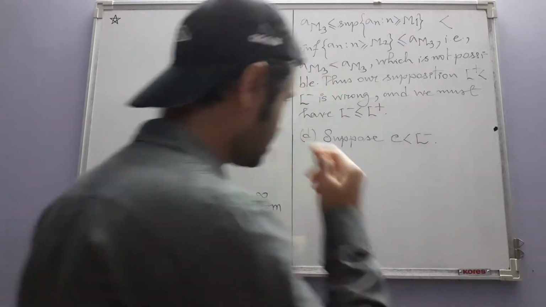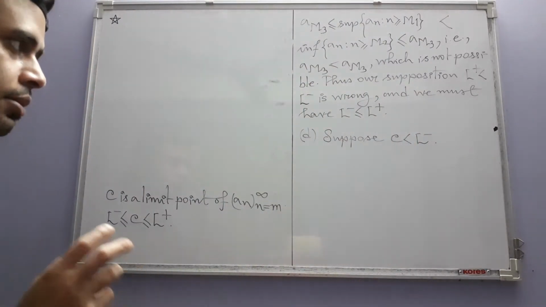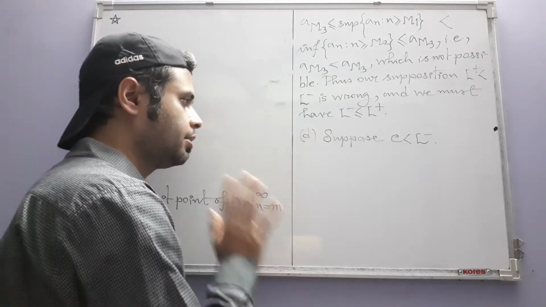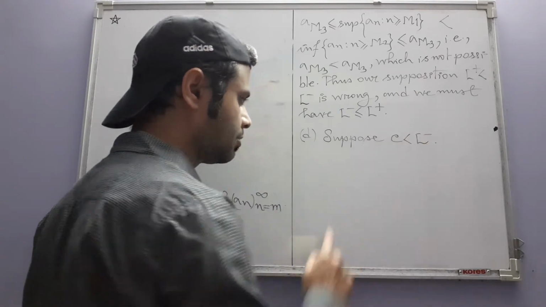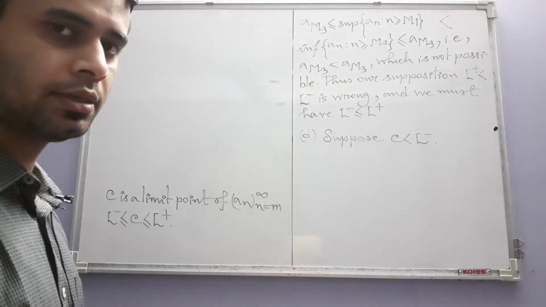We need another real number. Keep in mind that things would have been really easy if it was given that L minus is a real number.